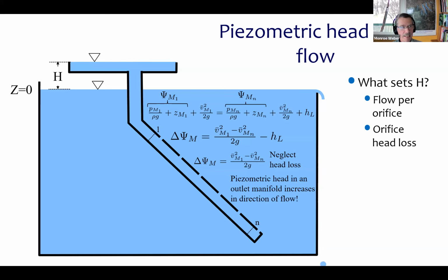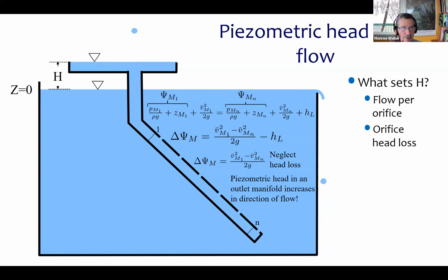And I love the fact that I see some puzzled faces, because you're like, that can't be right, Monroe. You've got to be pulling our leg. And I'm telling you, I'm as serious as I can be. I'm not pulling your leg. This is actually the way the physics works.